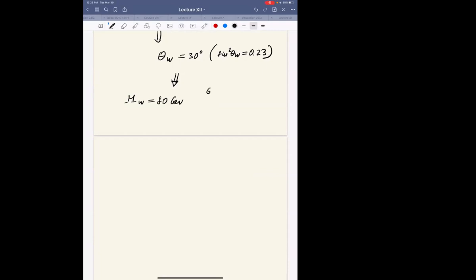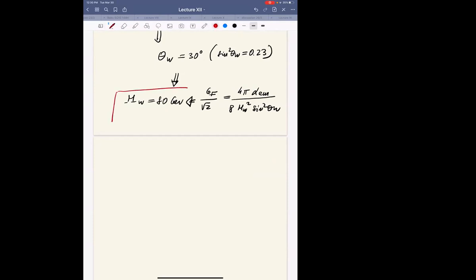Remember, there is a formula from here. Since I know the Fermi interaction, it was e squared, which I know. I can actually write more clearly for you, 4 pi alpha electromagnetic, that's e squared, over 8 MW squared sine squared theta W. From here, you measure G Fermi. So this is very important.